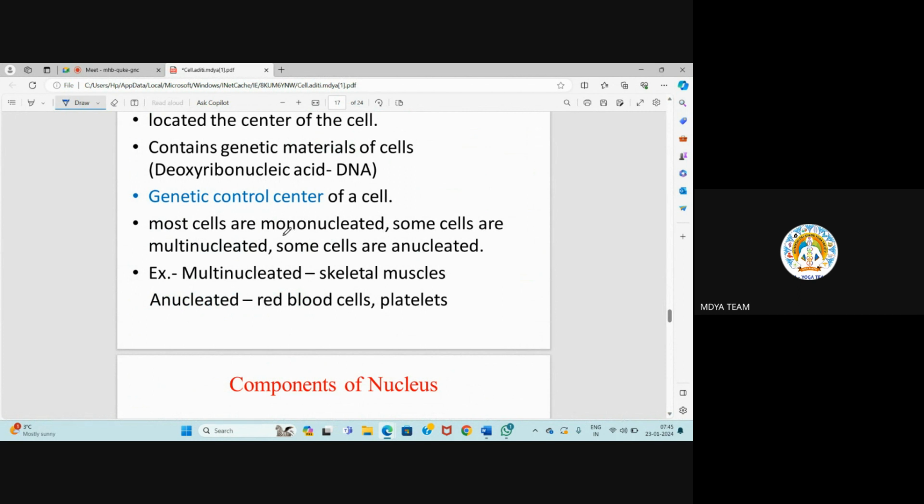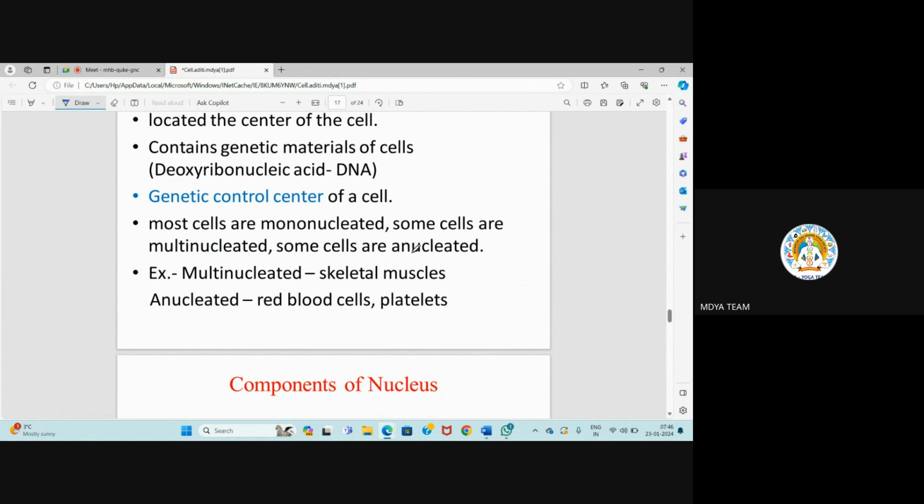Some cells are multinucleated, meaning they have more than one nucleus, and some cells do not have any nucleus.